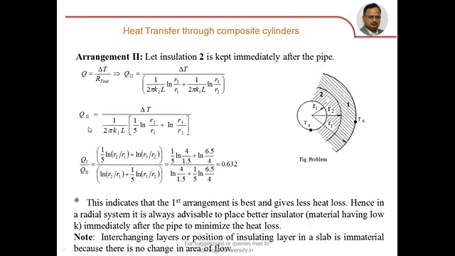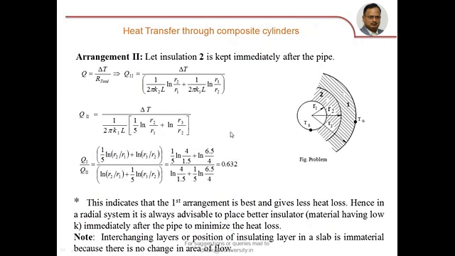So the heat transfer in the second arrangement is delta T by 1 by 2 pi K1 L common. In the place of K2, we substitute 5 times K1. When K1 goes off, 5 remains here. So 1 by 5 log R2 by R1 plus log R3 by R2.